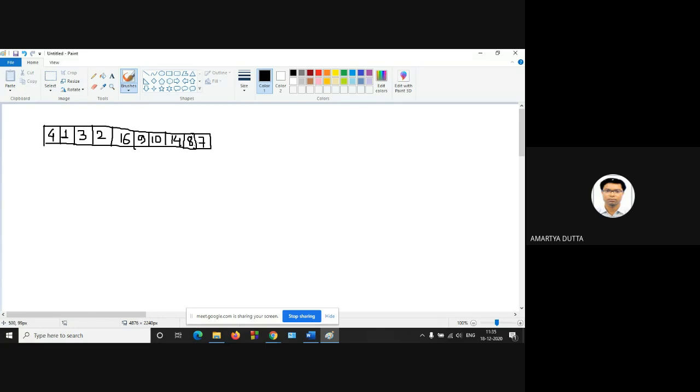Let this be your unsorted array A. Okay, you have to construct a heap from this array.